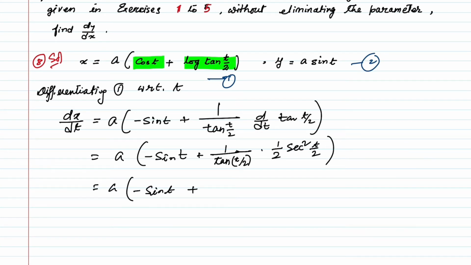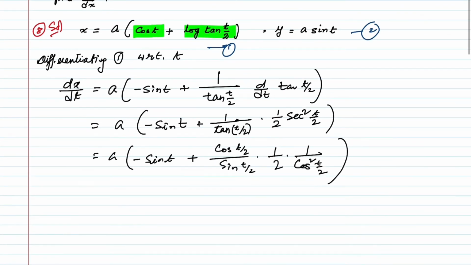So it will be cos t by 2 by sin t by 2 into 1 by 2, sec square is 1 by cos square, t by 2. So after cancelling and simplifying, what we will get? We will get a minus sin t plus 1 by 2 sin t by 2 into cos t by 2.